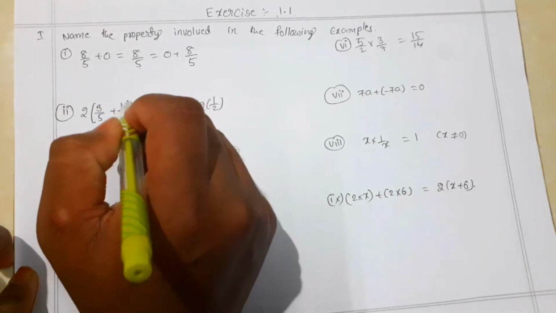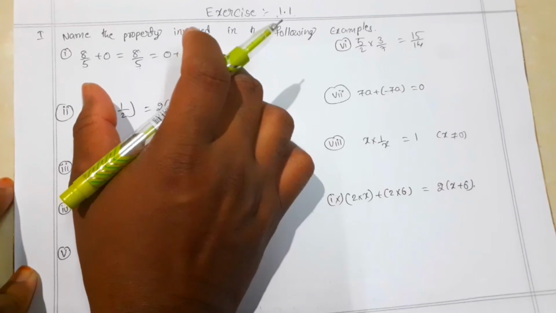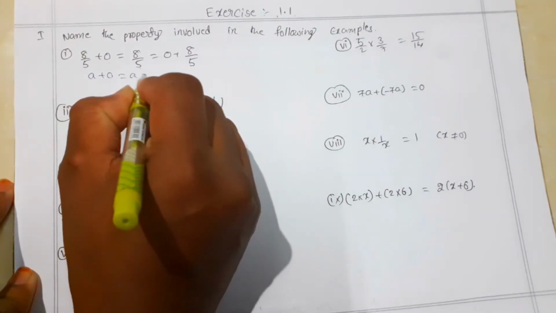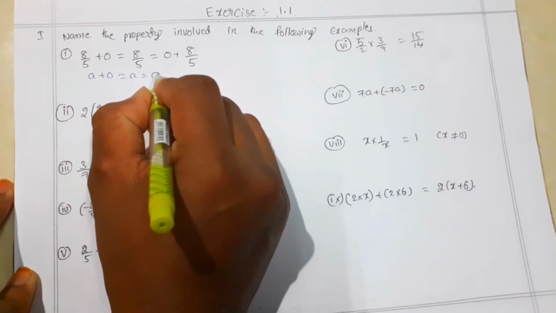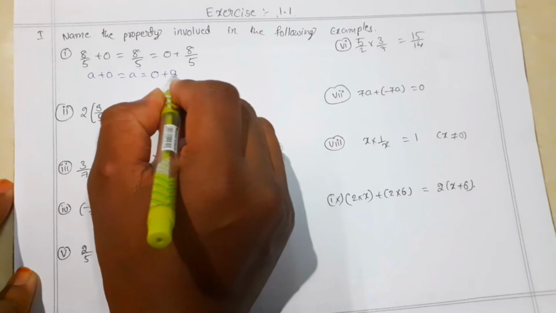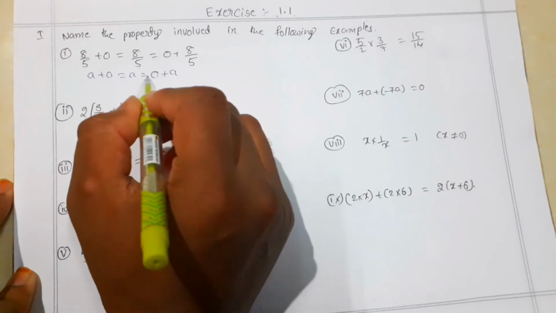by 5. As soon as you observe this example, it is similar to a plus 0 is equal to a is equal to 0 plus a, which is the additive identity. What does additive identity say about rational numbers?